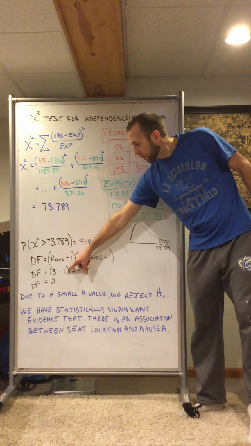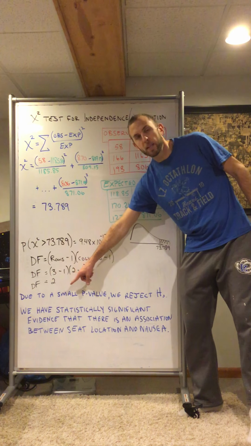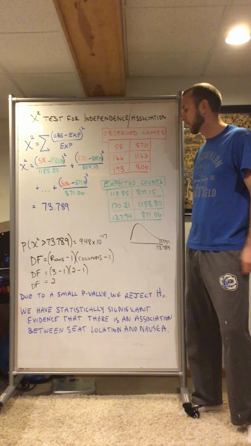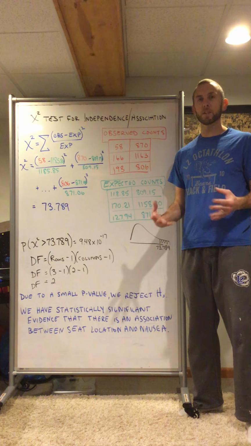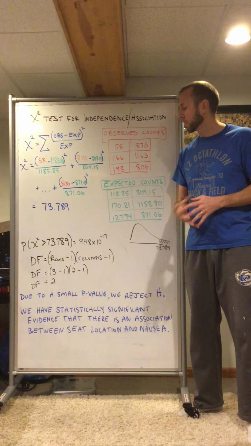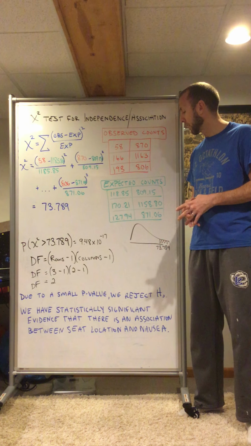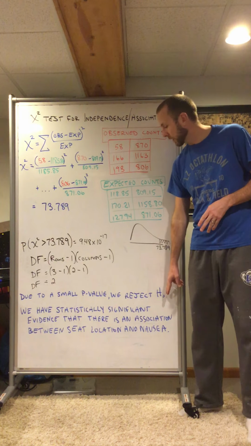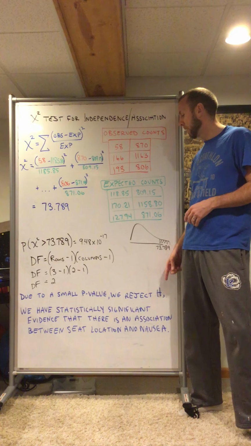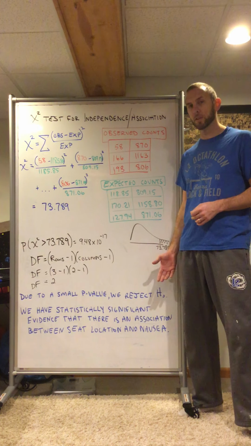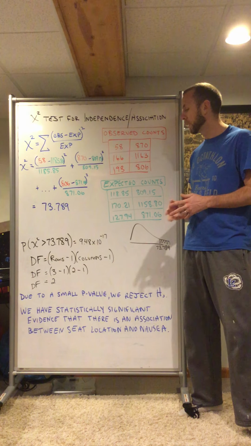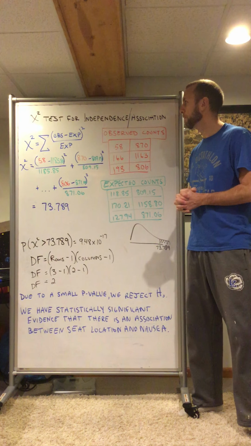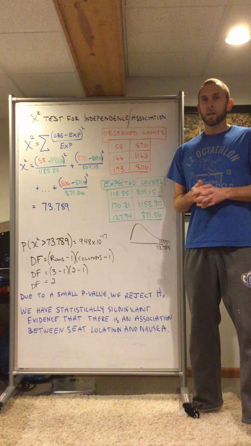So we had 3 minus 1 times 2 minus 1, and that's how we got 2 degrees of freedom. The decision and the conclusion is essentially the same. Due to a small p-value, we reject the null hypothesis, and we do have statistically significant evidence that there is an association between seat location and nausea.